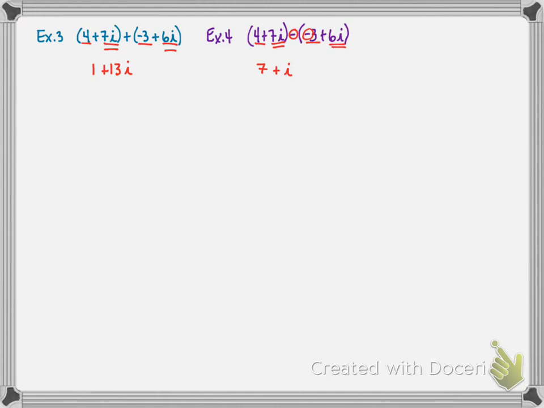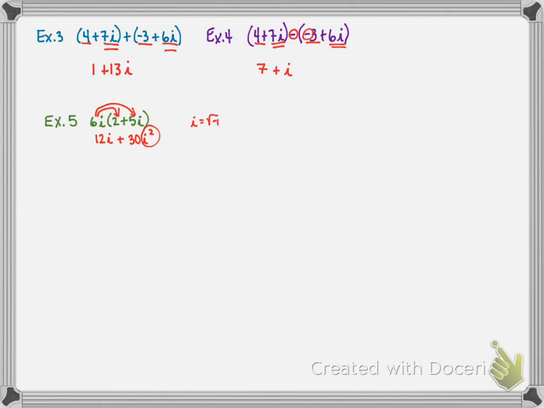Let's look at some simple multiplication. So first, something like 6i times 2 plus 5i. Well, I'm just going to distribute. 6i times 2 is 12i. 6i times 5i is 30i squared. Okay, but now it doesn't stop, because i squared can be simplified.